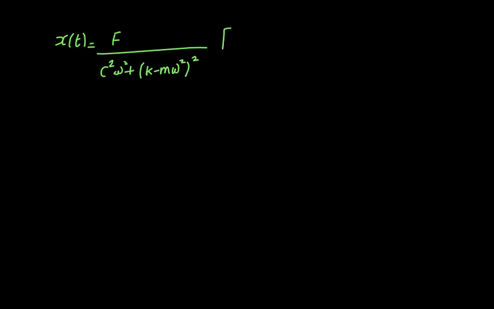This time it's going to be X cos phi into sine omega t minus capital X sine phi into cos omega t.